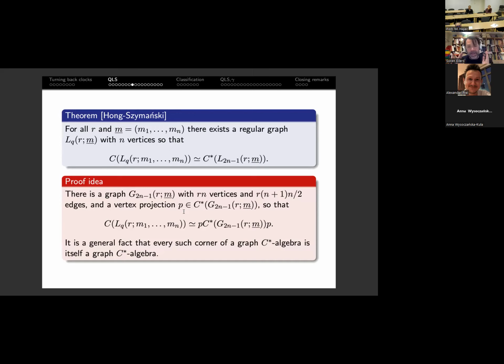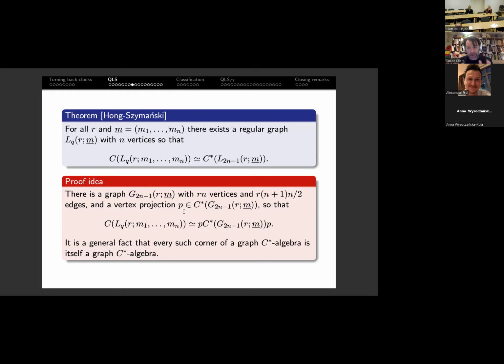It has exactly Rn vertices, and it has R times (n+1) times n over 2 edges, a triangular number you can recognize there. It turns out that this will not define the right C-star algebra, but it will define the right thing you get by taking a corner in this graph C-star algebra.